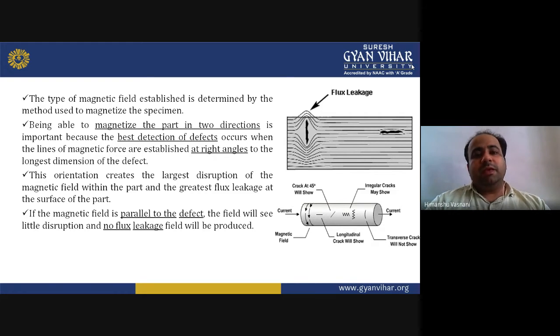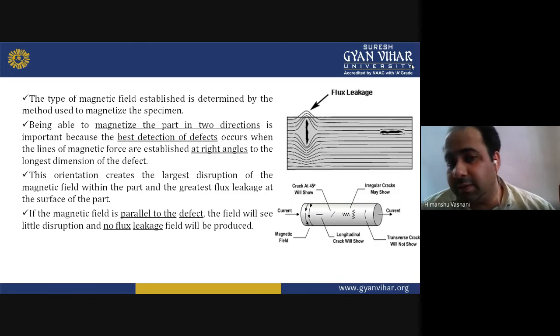Okay, being able to magnetize the part in two directions is important because the best detection of defects occurs when the lines of magnetic force are established at right angles to the longest dimension of the defect. Okay, I repeat once again, then you will understand. The type of magnetic field established is determined by the method used to magnetize the specimen.